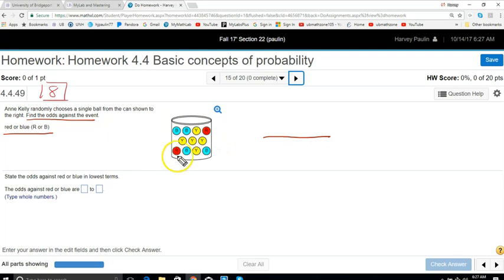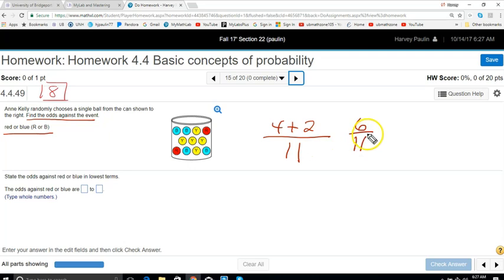How many balls in the container? So there's 4, 5, 6, 7, 8, 9, 10, 11. Now, red or blue? There are 2 red and 4 blue. So to get it would be probability 6 out of 11.